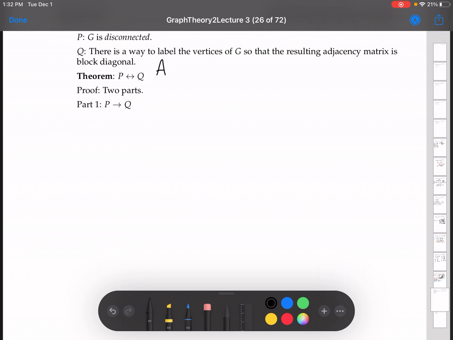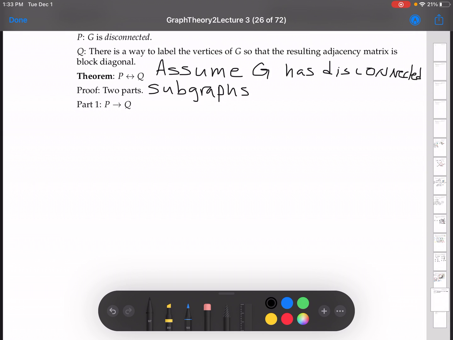So I'm going to start up here for the sake of saving some room. Assume G has disconnected subgraphs G1 and G2. Now these subgraphs G1 and G2 are graphs in their own right, and so they have some amount of vertices.